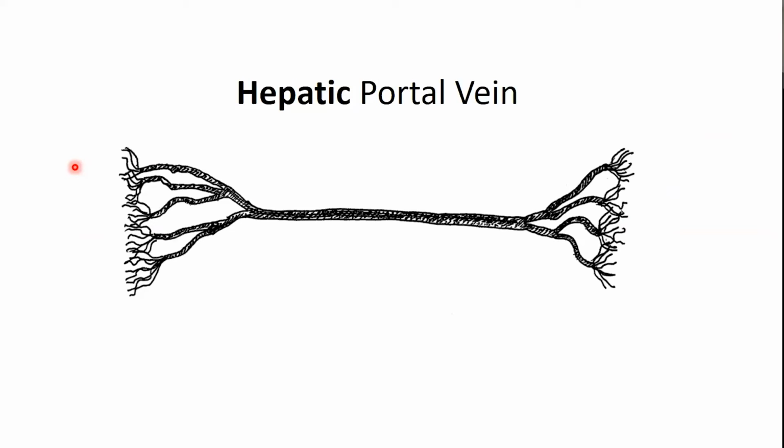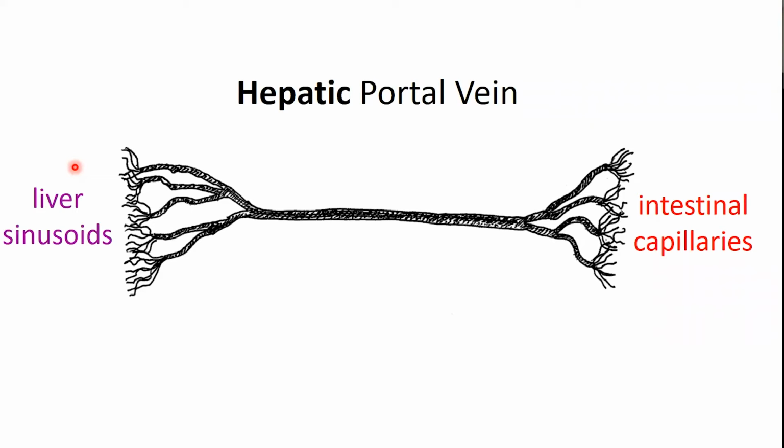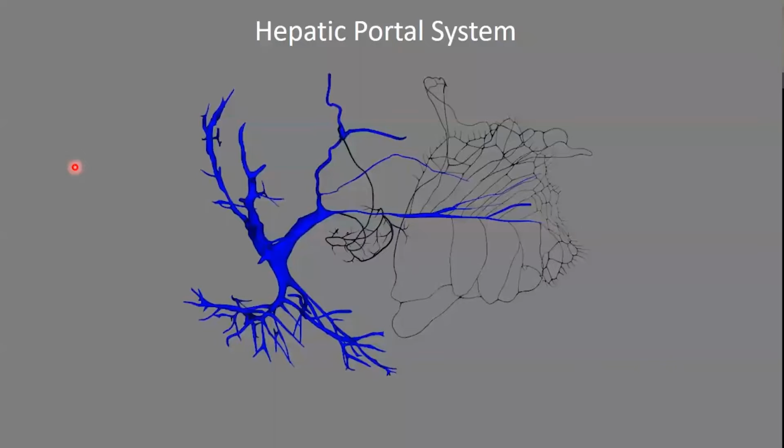So the hepatic portal vein basically connects the intestinal capillaries with the capillary system within the liver sinusoids. And so again, this is kind of a direct route for delivering the blood from the GI system into the liver and forcing it through the liver before it goes back to the systemic circulation.